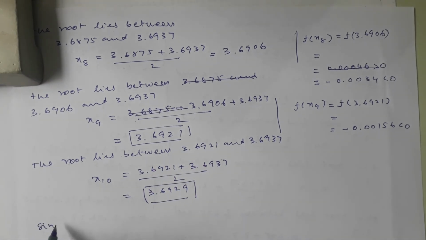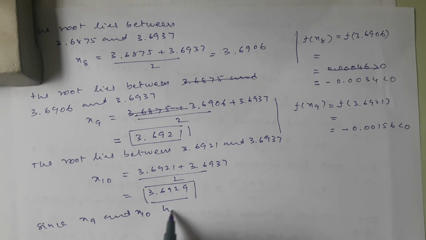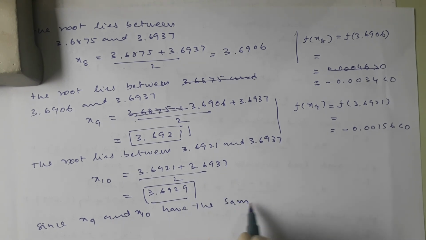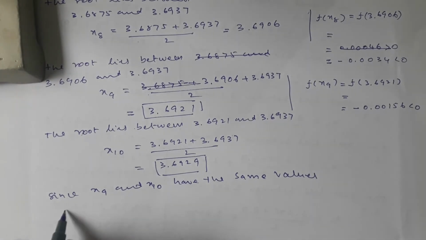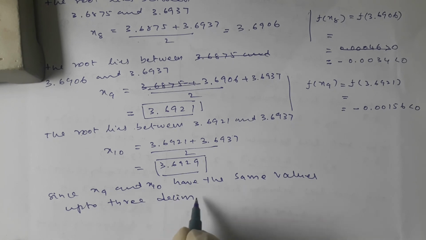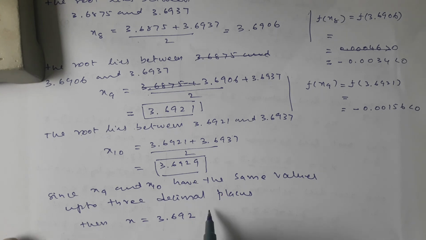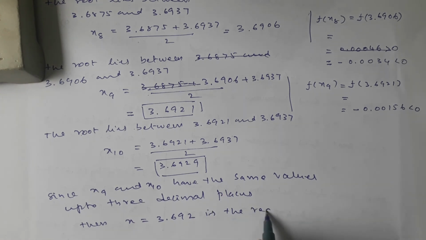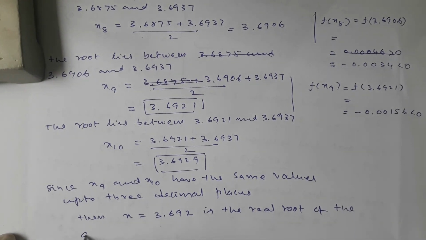Since x9 and x10 have the same values up to 3 decimal places, then x is equal to 3.692 is the real root of the given equation.